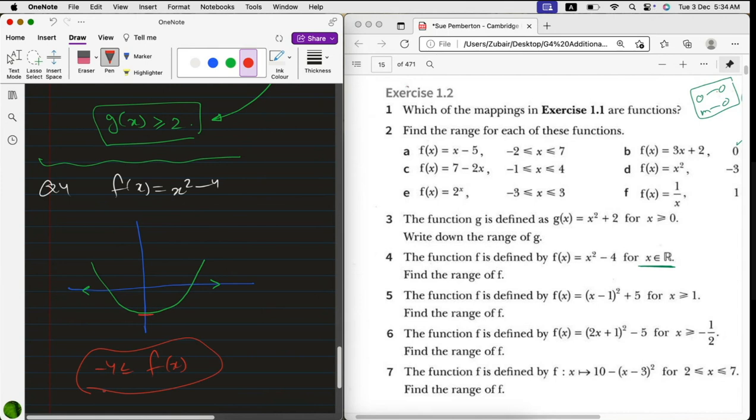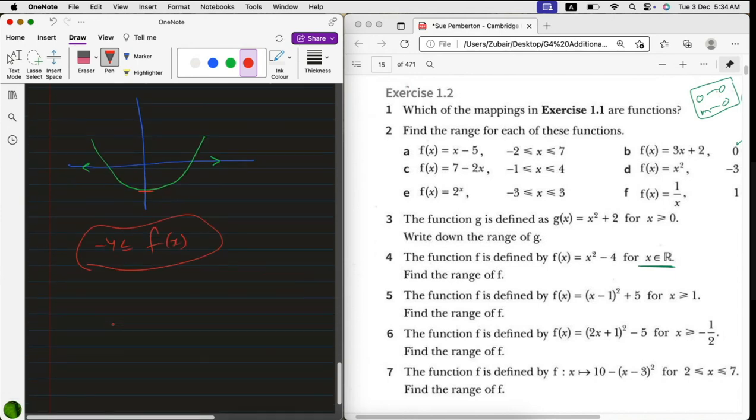The graph spreads from minus 4 and upwards. We can write it like this, or we can write minus 4 is less than or equal to f of x is less than infinity. No need to actually write that because this is understood as minus 4 and above.